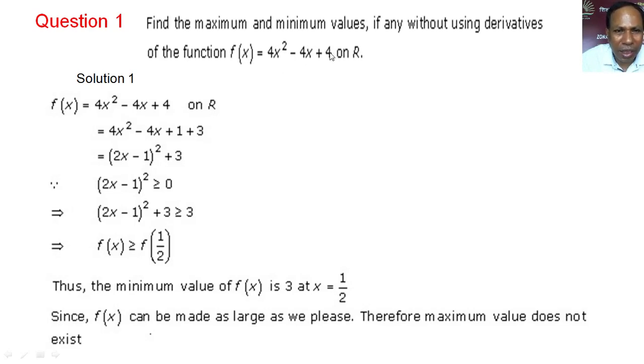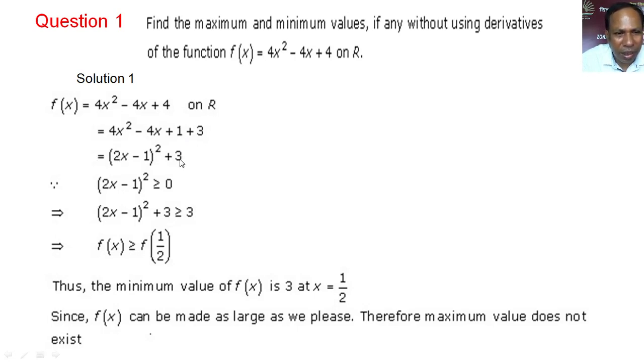Now here we are given the function f(x) is equal to 4x² minus 4x plus 4. On simplification, this is 4x² minus 4x plus 1 plus 3. That means I break this 4 as 1 plus 3 to convert it into a perfect square. So now it is in the form of a² minus 2ab plus b², which is equal to (a minus b) whole square.